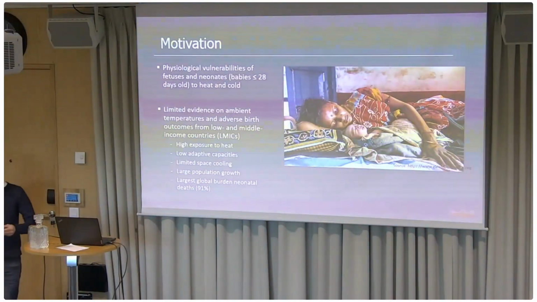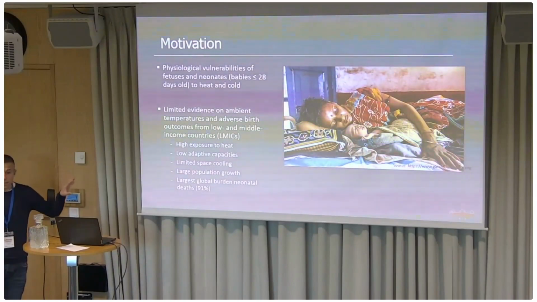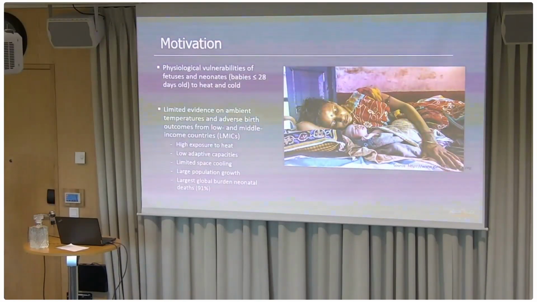First of all, there are plenty of studies, already epidemiological analyses, on heat and cold and temperature, let's say non-optimal temperature, and mortality in particular. But this study decided to focus on a specific subgroup, which are neonates and newborns, defined as people born within 28 days.